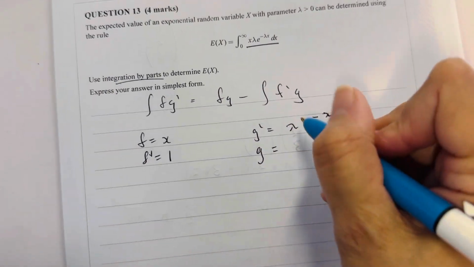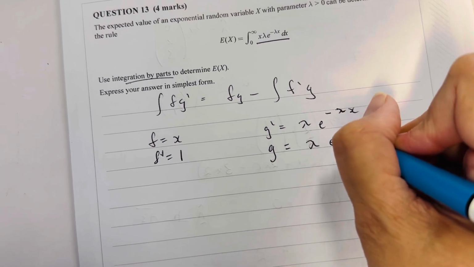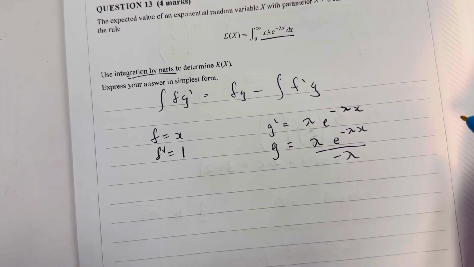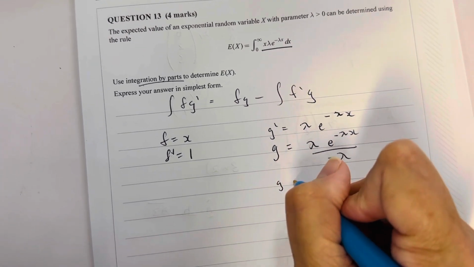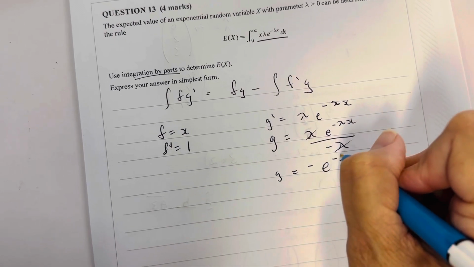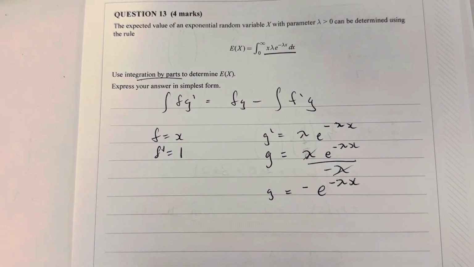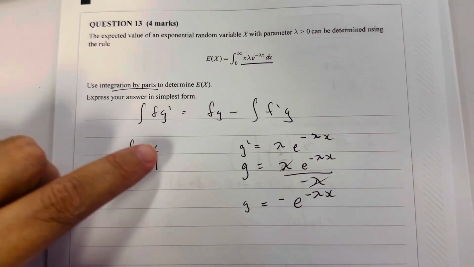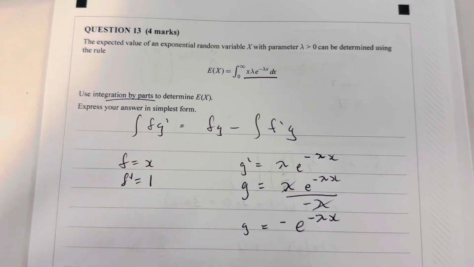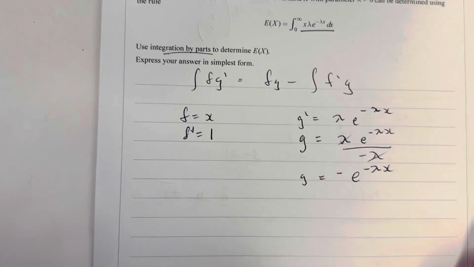When I want to integrate this, e to the negative lambda x on negative lambda, so g is going to be, the lambdas will cancel, negative e to the negative lambda x. There would have been some people who might have left f as lambda x. It's fine, you would get the same answer, it's just your working would look a little different.